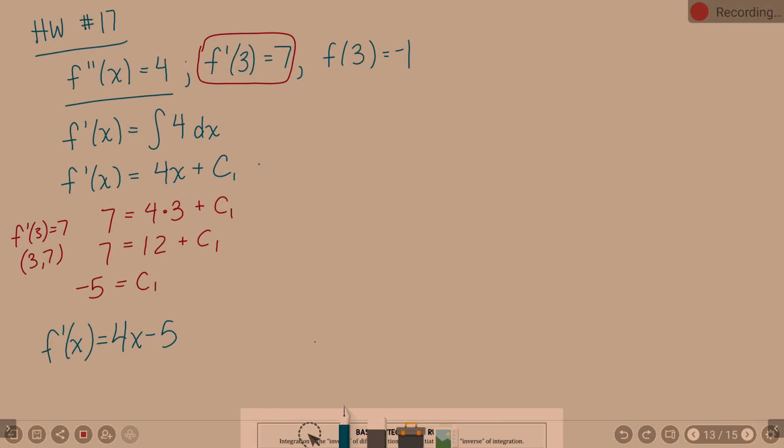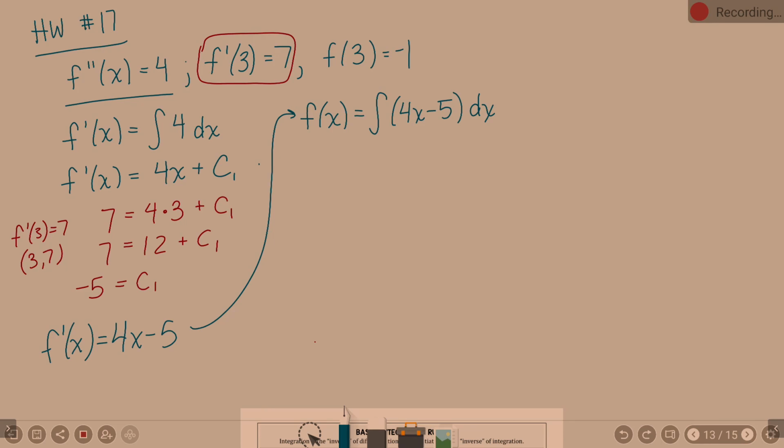Okay, so now we need to find f of x. In order to find f of x, you need to find the integral of f prime of x, which is 4x minus 5 dx. Are you following? You probably kind of see where we're going from here.